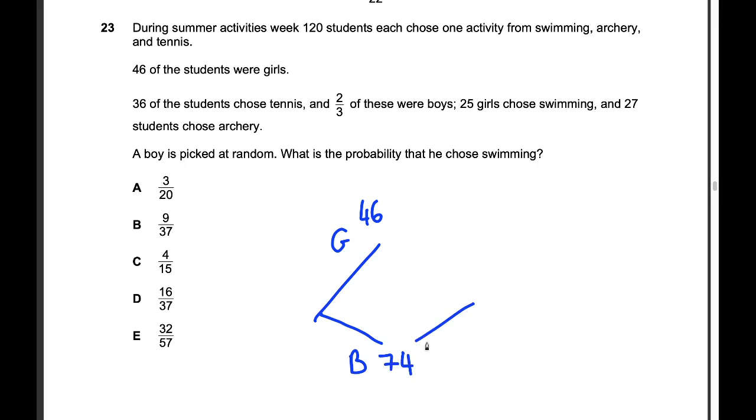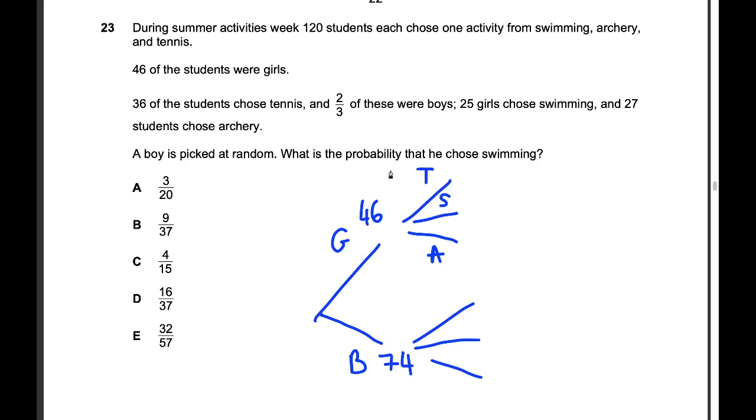So we're more interested in the boys' side of things than the girls' side of things, but I think we're going to need to know something about both of them to actually answer this question. So I'm splitting the girls up into tennis, and what else was it? Swimming and archery. Okay, so TSA, and I'll do the same for the boys.